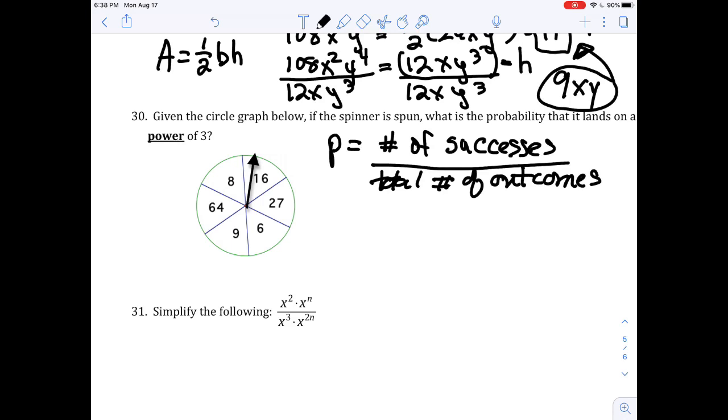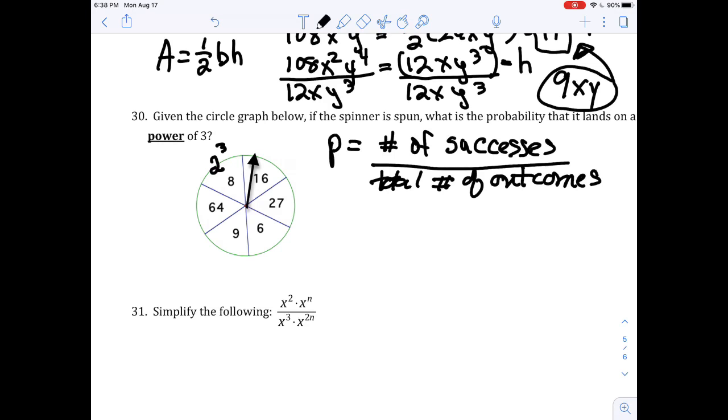So power of 3. Well, 8, what do we mean by power of 3? The number 8 can be rewritten as 2 raised to the third power. That's what we mean by a power of 3. So 2 times 2 times 2 is 8, and you can rewrite that using 2 as the base or 2 as a factor 3 times.